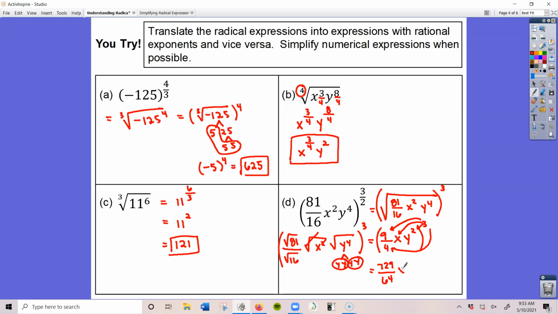X to the third is x to the third, and y squared to the third, since we have an exponent raised by another exponent, we multiply those exponents together, which would give us y to the 6th. And this would be our answer.